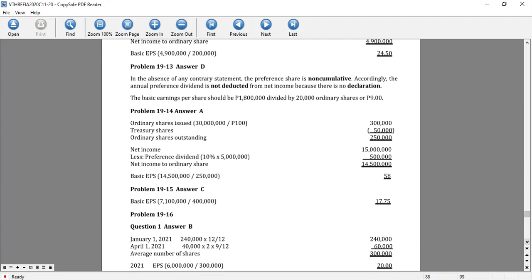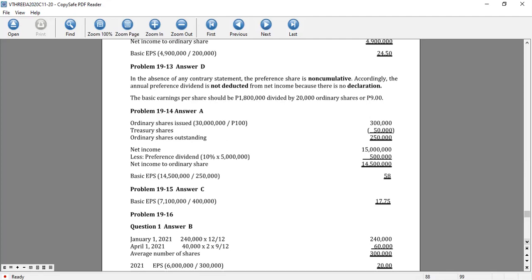So we now get 40,000 again times 2 because of the split, and we multiply by 9 over 12, from April 1 to December 31. So it's 80,000 multiplied by 9 over 12, which is 60,000.